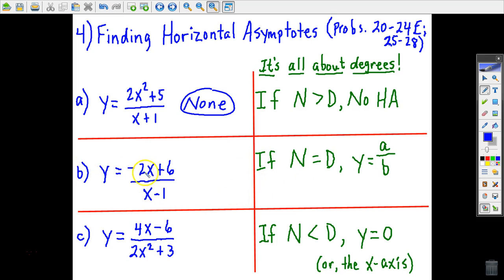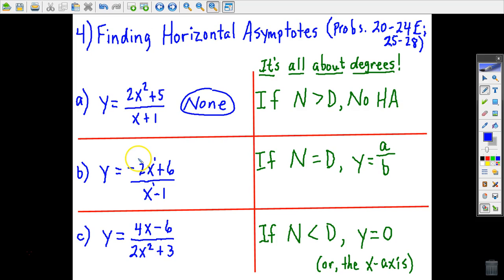Okay, let's look at another case. In letter B, the degree of the numerator is 1. Remember, there's an invisible 1 exponent. And the degree of the denominator is also 1. Well, we have this situation where the degrees are the same. When this happens, you're going to make a fraction. Here's what I mean by y equals a over b.